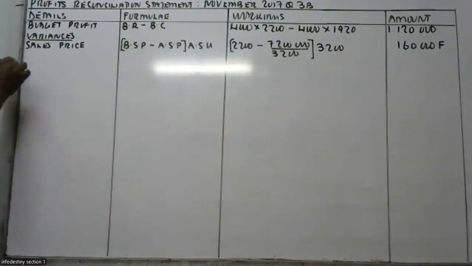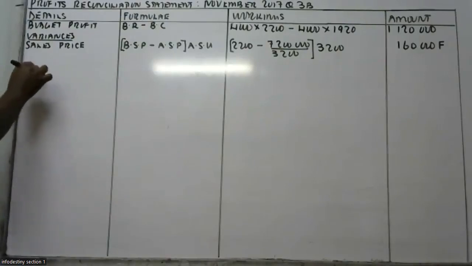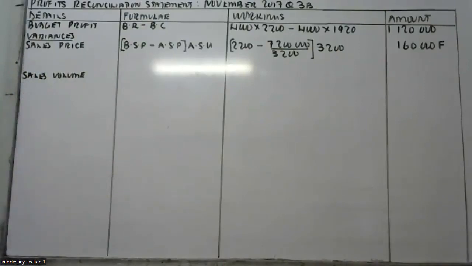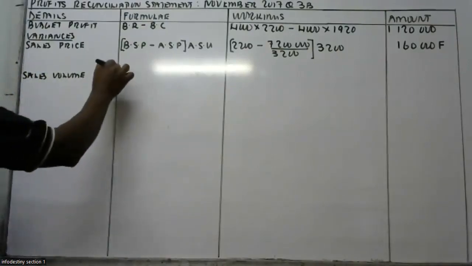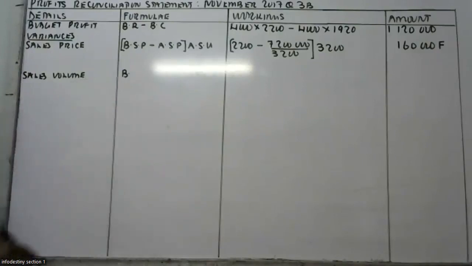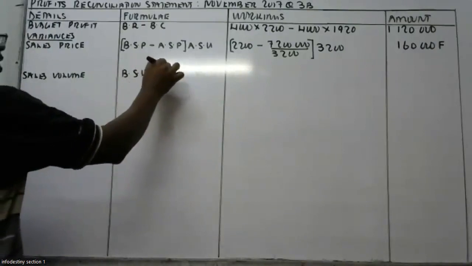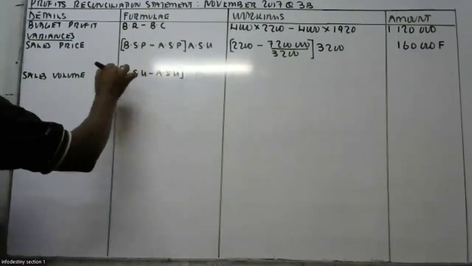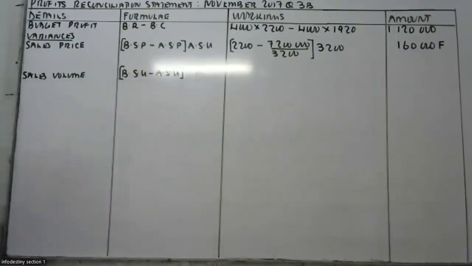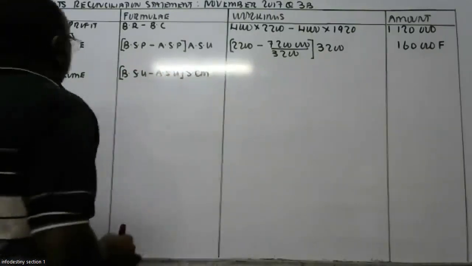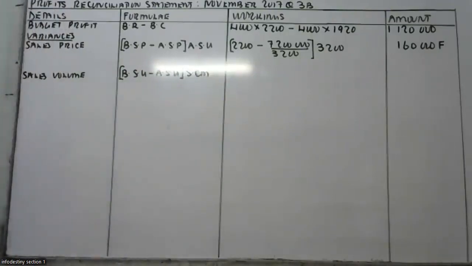The next one is called sales volume. Now for the sales volume, the formula we know is budget sales units minus actual sales units, you multiply by standard contribution margin.